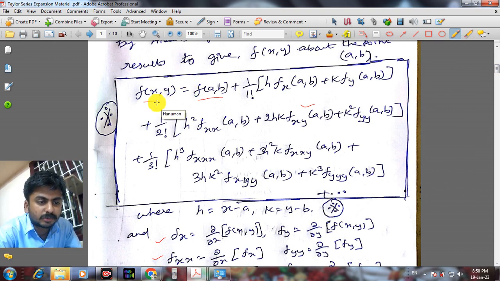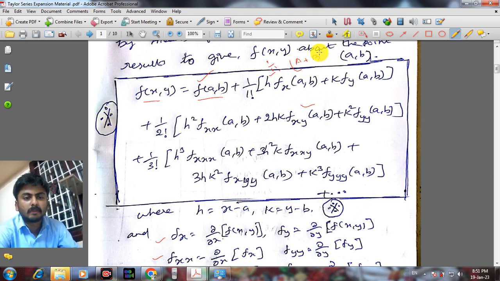So what is f of x comma y? F of x comma y is f of a comma b, the first term, it is very easy. The second term is nothing but 1 by 1 factorial of h fx of a comma b plus k fy of a comma b. You just keep in mind A plus B. What is our A?